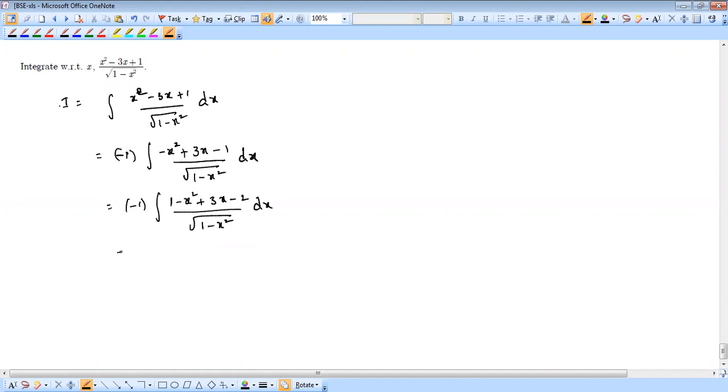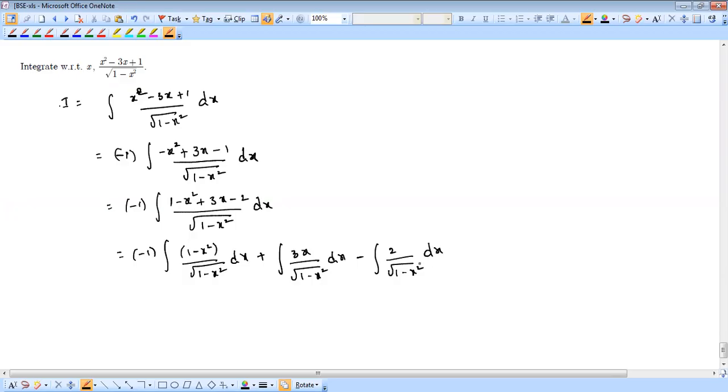After that, minus 1, you try to do splitting. 1 minus x square divided by root over 1 minus x square dx and 3x by root over 1 minus x square dx and 2 divided by root over 1 minus x square dx.